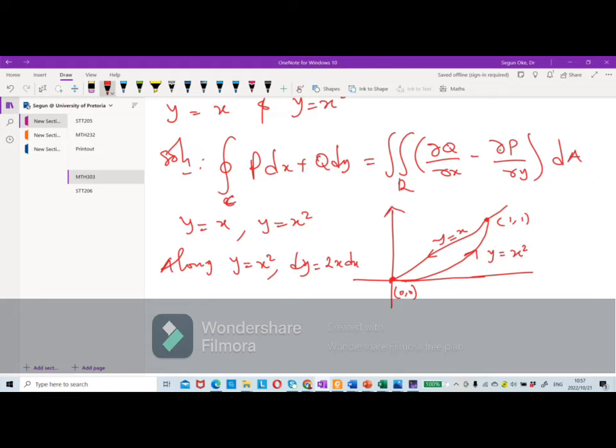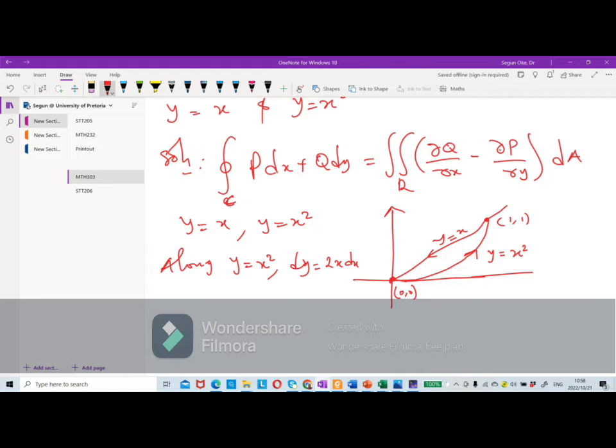Do you agree? Yes, sir. 2x dx. Now, remember, we want to prove, we are trying to verify something. That is what we are doing first. We want to verify that this formula is equal to this formula. When you solve this one, this is what you get. But when you also solve it on the other side, this is what you get. That is what we are trying to verify.